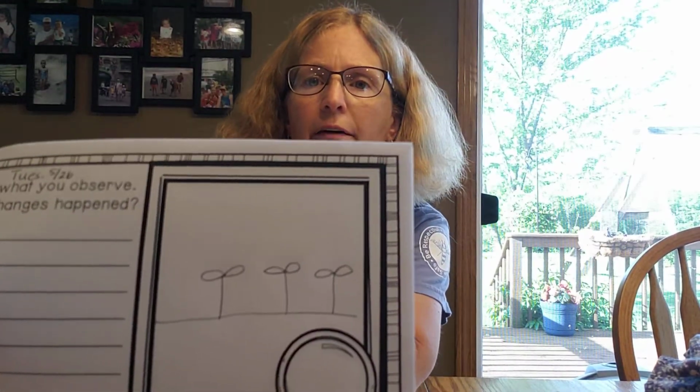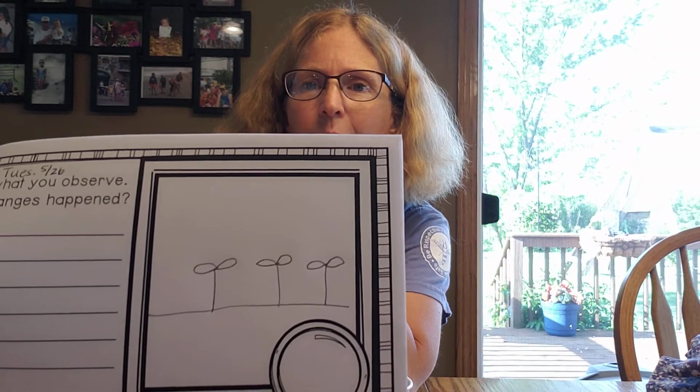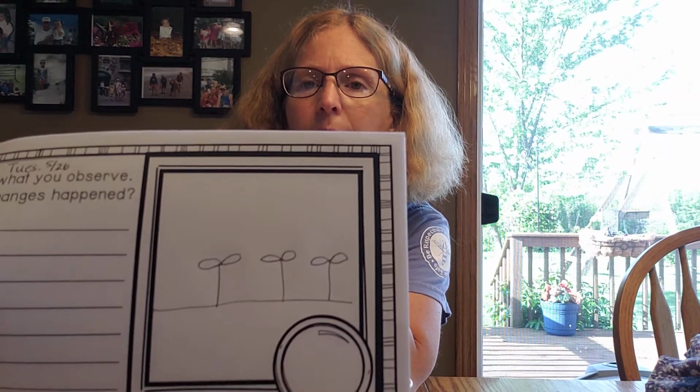So I'm going to draw the dirt, and then I'm going to draw 1, 2, and 3. And they're all about the same height. And they all have those 2 little leaves. They almost look like a little helicopter, like a thing you're gonna blow on and it's gonna spin around. Yeah, and if you wanna color them, you may color them in too.